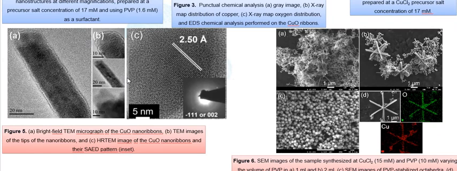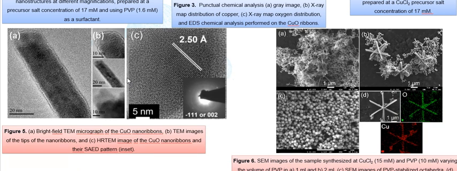Continuing, Figure 5 shows the results obtained by transmission electron microscopy. The bright field images show the tips of the nanowires with sizes smaller than 3 nanometers, which makes it a material with potential for application.